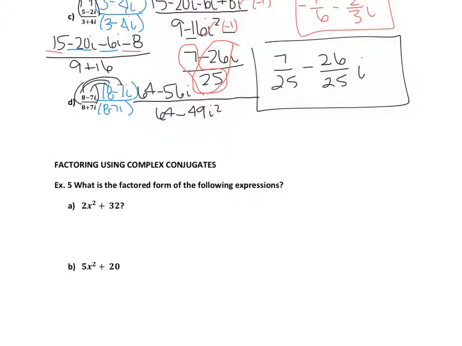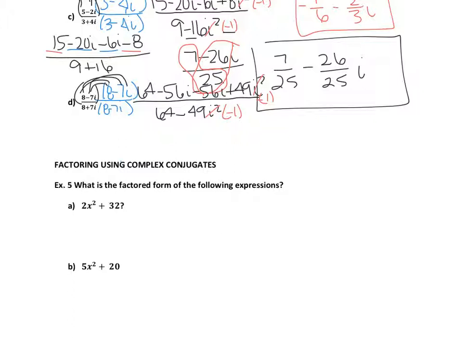Negative 7i times negative 7i is positive 49i squared. Next step, change your i squares to negative ones. And then combine like terms.